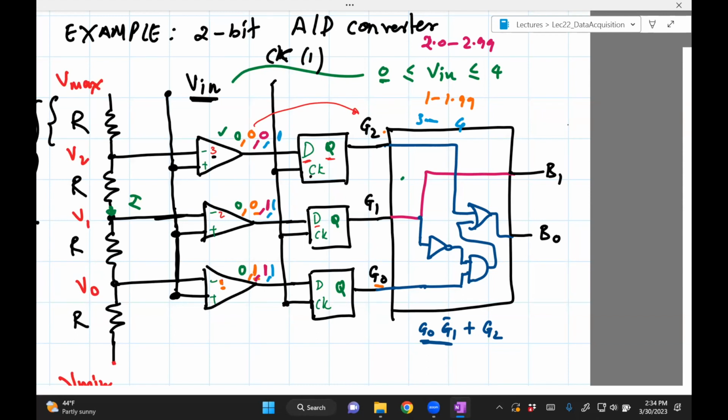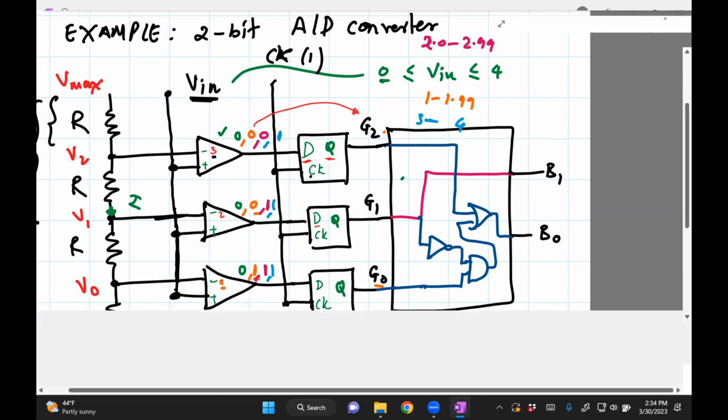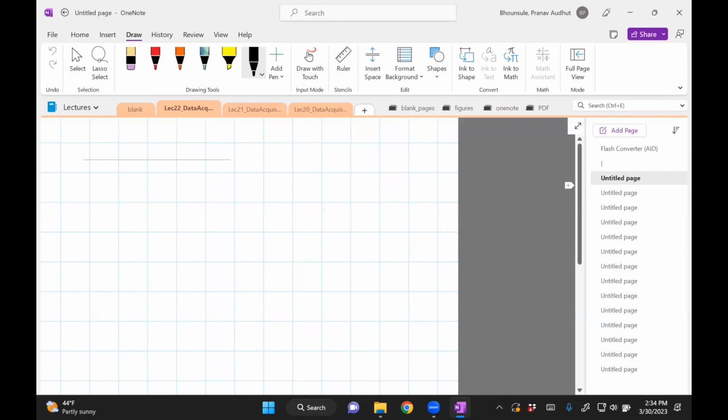Now when you compare the circuitry, you see that there are more elements, more circuitry involved in the flash converter, which is this one, compared to the successive approximation converter, but it takes a lot shorter time to convert analog data to digital data. So to summarize, the flash converter is efficient.